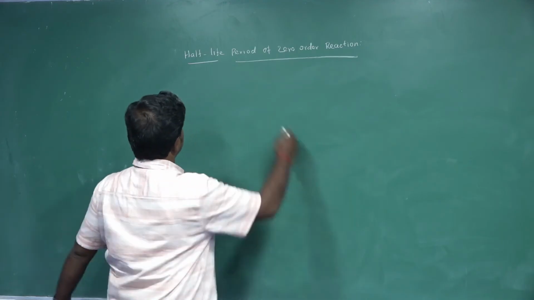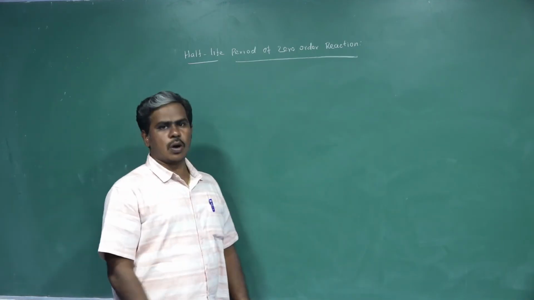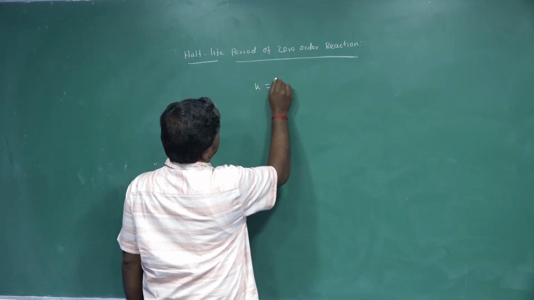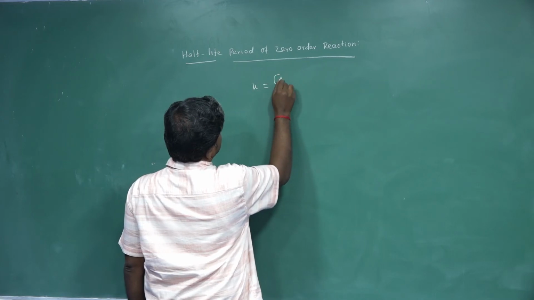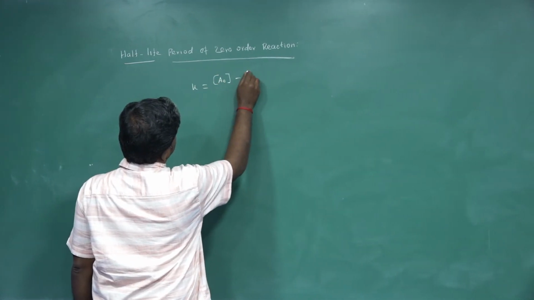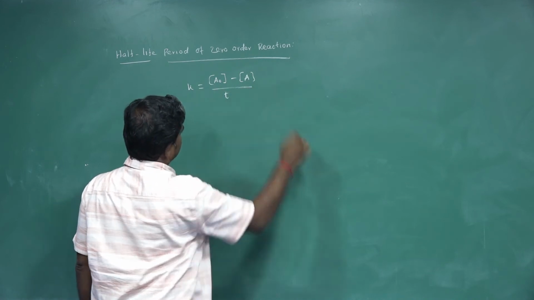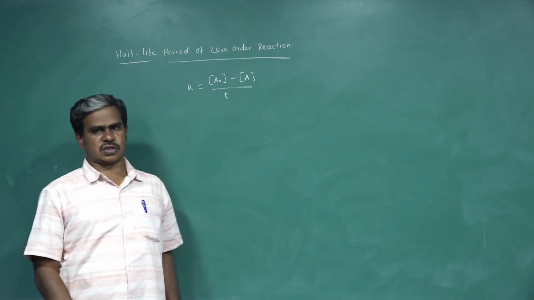Now we are taking the half-life period of a zero order reaction. Now we take the zero order rate constant k, which is equal to [A] naught minus [A] by t. It is a zero order rate constant.